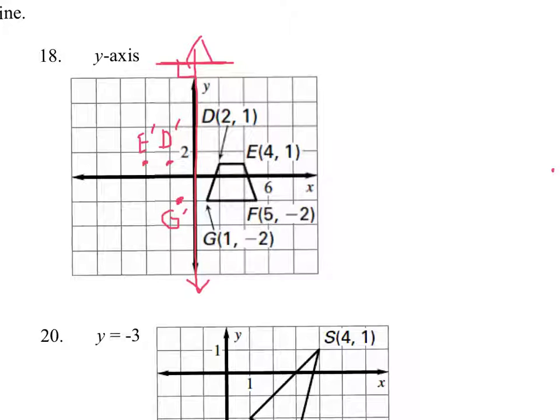And F is 2.5 grid units away. If here's the line, 1, 2.5, so you've got to count 2.5, and there is the new F prime. Make sure you make dotted or dashed lines connecting these.